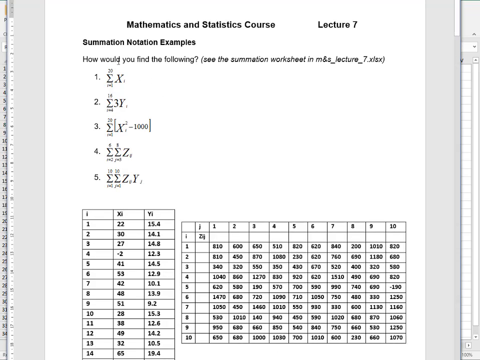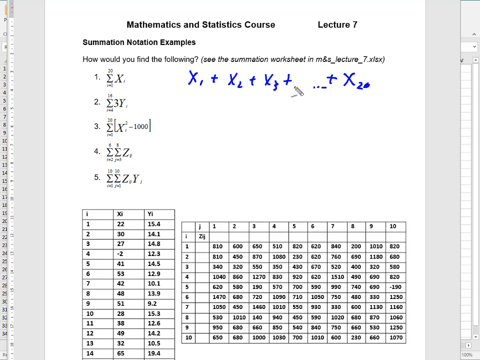So first one is number 1, and the way to read this is the sum for i equals 1 to 20 of xi. So, in other words, what you have to see when you look at that is just a really clever shorthand for x1 plus x2 plus x3 plus all the way up to x20.